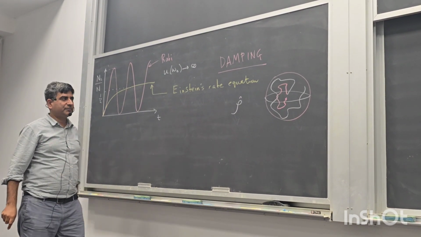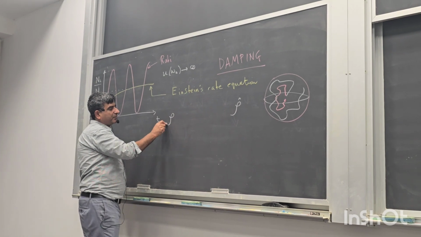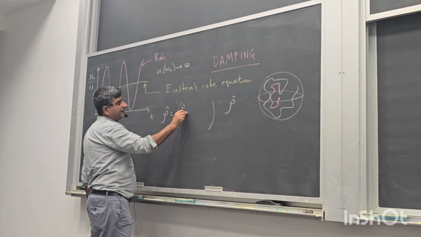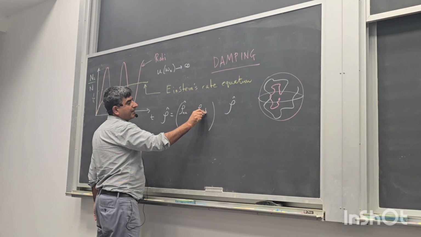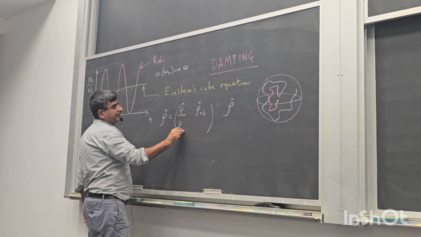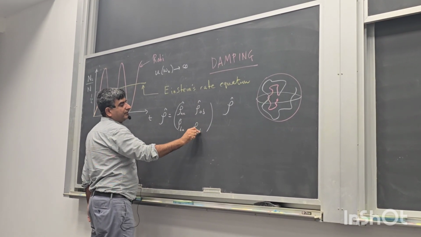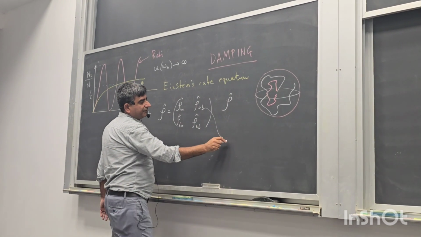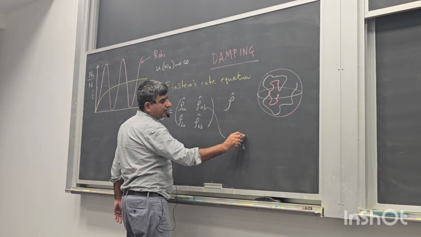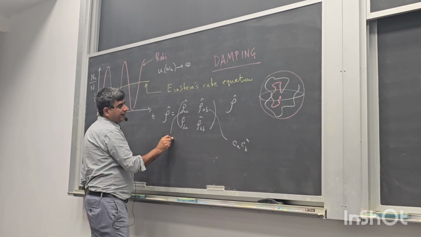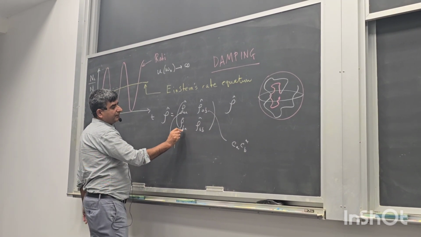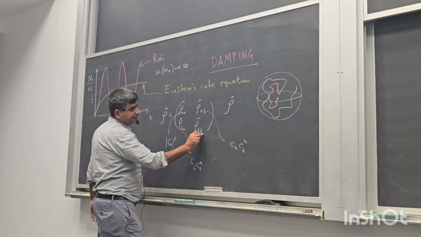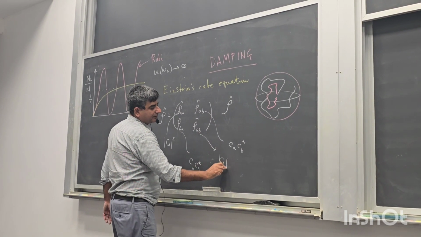Now, it's a 2-level quantum system, so our density operator is a 2x2 matrix, which has these terms: rho AA, rho AB, rho BA, rho BB. Correct? Rho AB is CA CB star, rho AA is CA mod square, this is CB CA star, and this term is CB mod square.